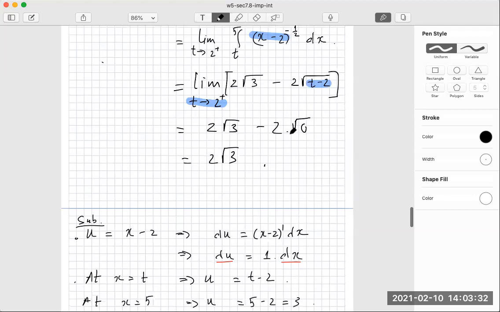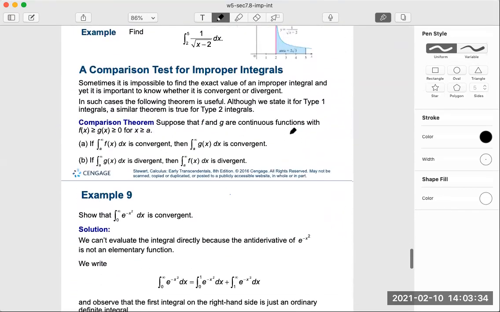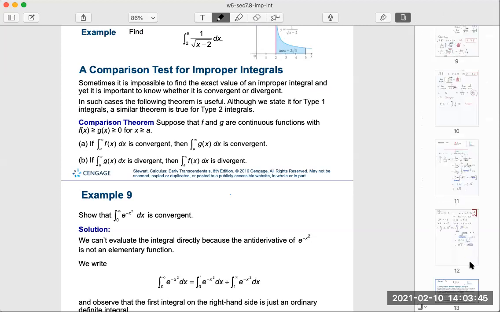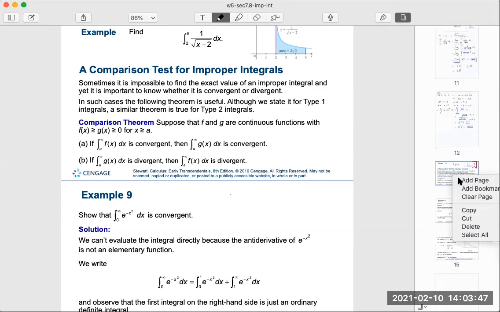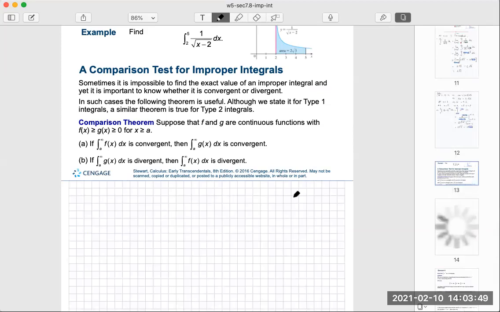So in this chapter, we'll study one more thing, the comparison test for improper integrals. Okay. Now, we know how to do these things, right?